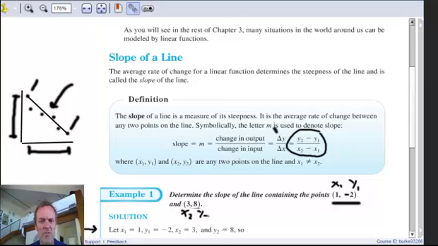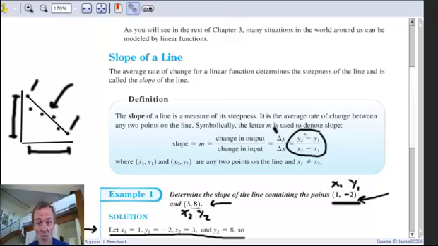X, y coordinates. And it's nicely written right here. Let x1 be 1 and y1 be -2. That's that coordinate here. And let x2 be 3 and y2 be 8. That's that there. Now once you just label those, here's x1 and y1. Here's x2 and y2. Just put the numbers in the correct place.